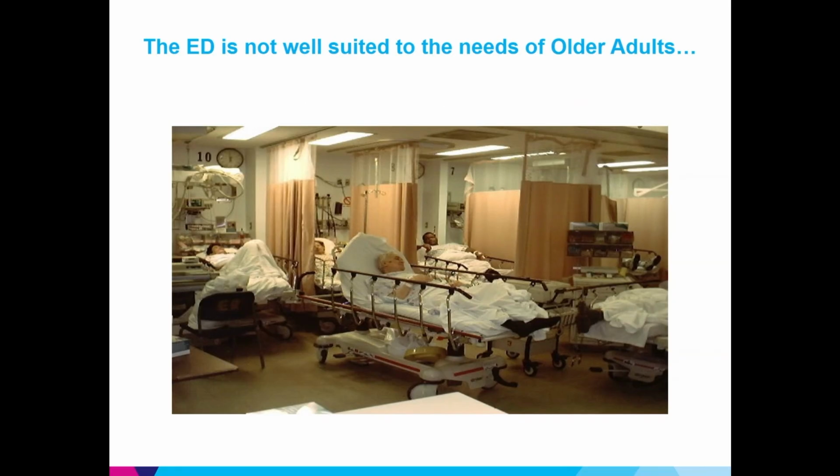And while the ED can often be seen as a very chaotic and dangerous place, it is an important setting of care where our older adults present not only for acute injury and trauma, but oftentimes the exacerbation of their chronic conditions, at times sent in by their primary care providers to expedite complex evaluations or workup, or because they're plagued by geriatric syndromes and no longer safe in the community. In the last several years, we've seen a growth of interventions to improve this model of care to meet the needs of our older adults.